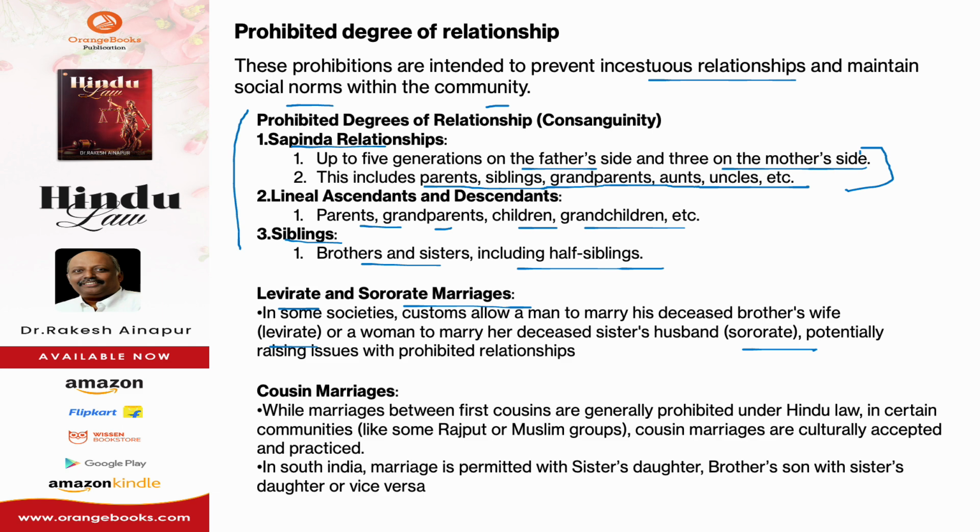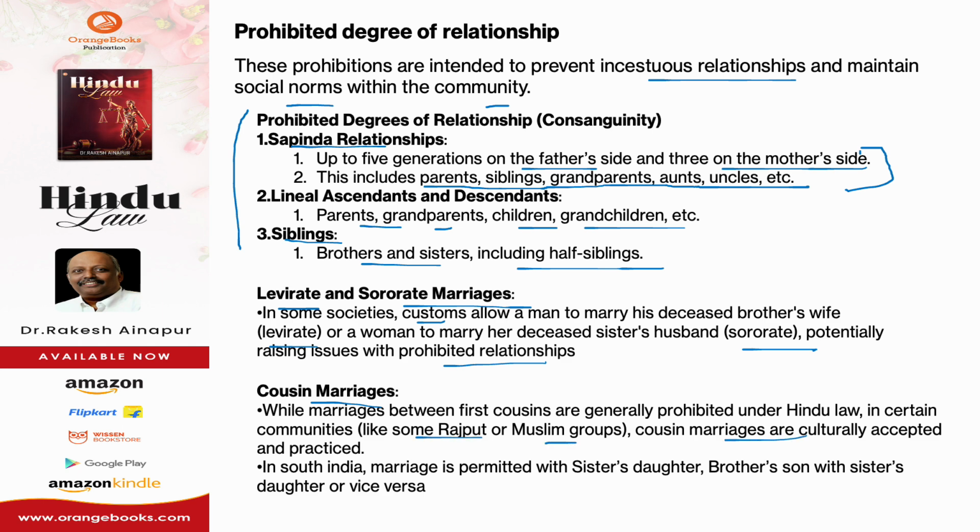So these are prohibited relationships, but from a customs perspective, people are following them and it is allowed. Cousin marriages. Cousin marriages, according to Sapinda relationship, are not allowed, but in certain communities, it is accepted, like in Rajput, even in Muslims also, it is accepted.